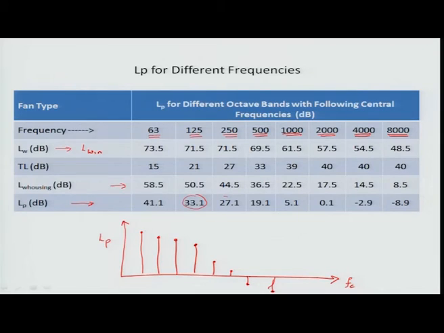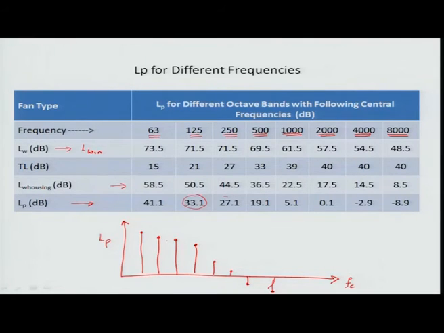I cannot connect these points by a smooth line, because each point just represents a central frequency, which itself represents that entire band. So I never connect these things; I just put them as points.